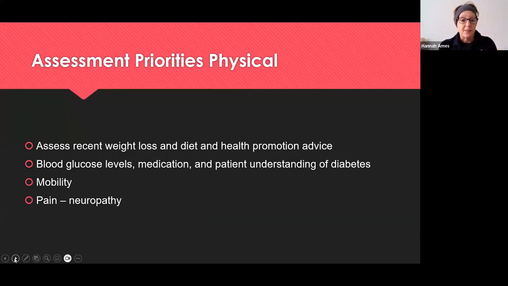We might want to focus in on those blood glucose levels, like I said, checking in that they're taking medication, that the patient has a good understanding of their diabetes, and importance of balanced diet, exercise, medication, keeping high sugary, high fat foods to a minimum.